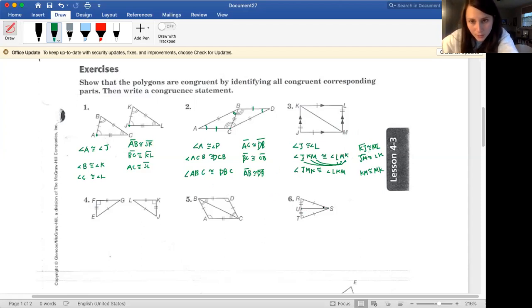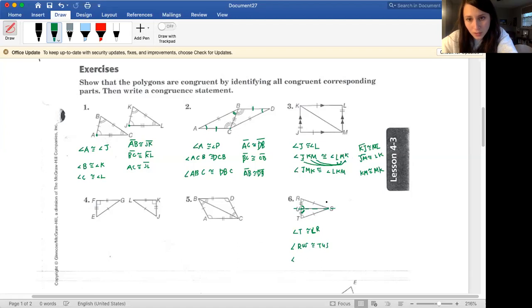Okay, let's do 6. So again, think of this as mirrored. So if I folded it, I guess T would be congruent to R, angle R. And then this right here is corresponding to this angle. So RUS congruent to TUS.